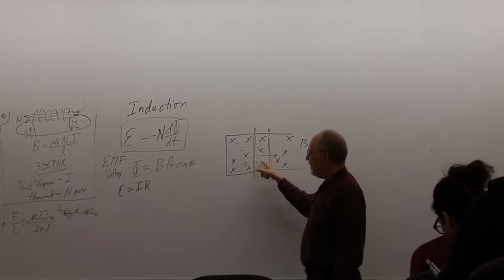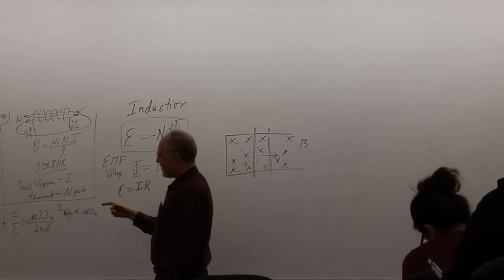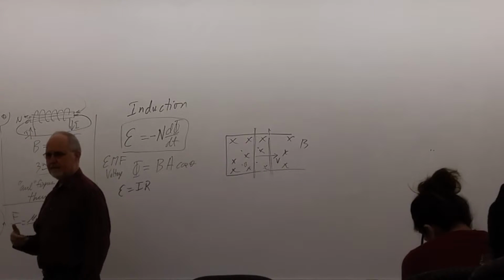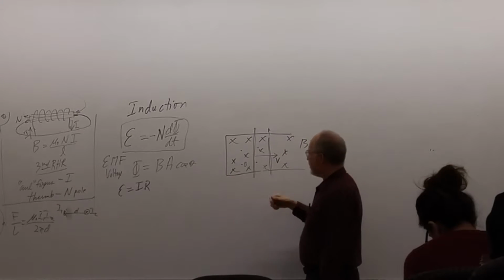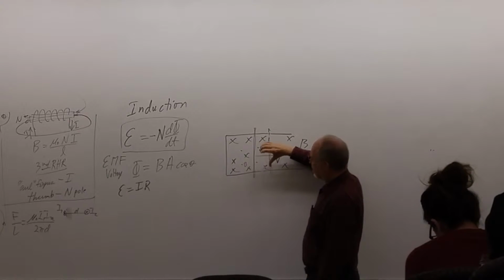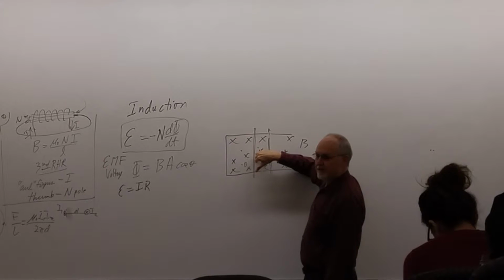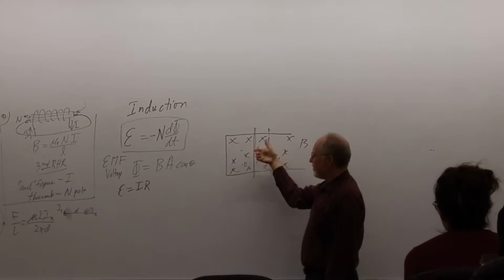In order to have the current coming out of the board in this region, go back to my second right-hand rule. Thumb in the direction of the current, fingers go around the thumb in the direction of the magnetic field. So, I'll choose the wrong one first, if my current was coming down, then over here to the left of it, my fingers would be going into the board. But that's more X's. I don't want X's.